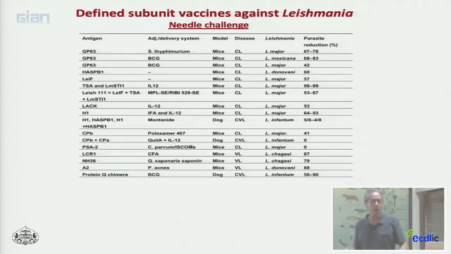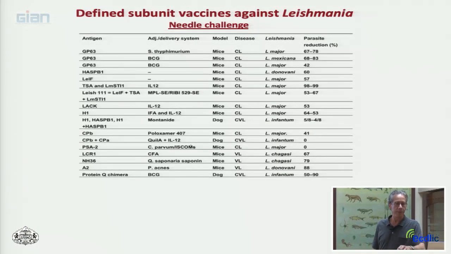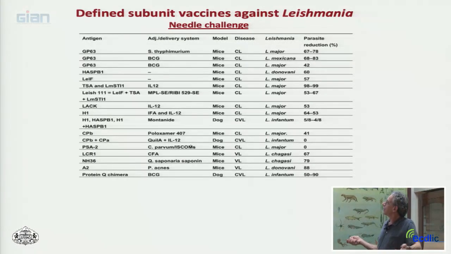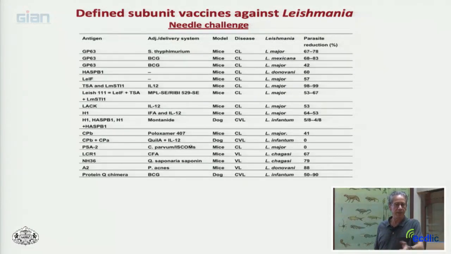This is just a partial list of all the preclinical studies on various vaccines that have been developed against mainly cutaneous leishmaniasis. And almost all these studies, a couple were done in dogs, but most of them in mice.